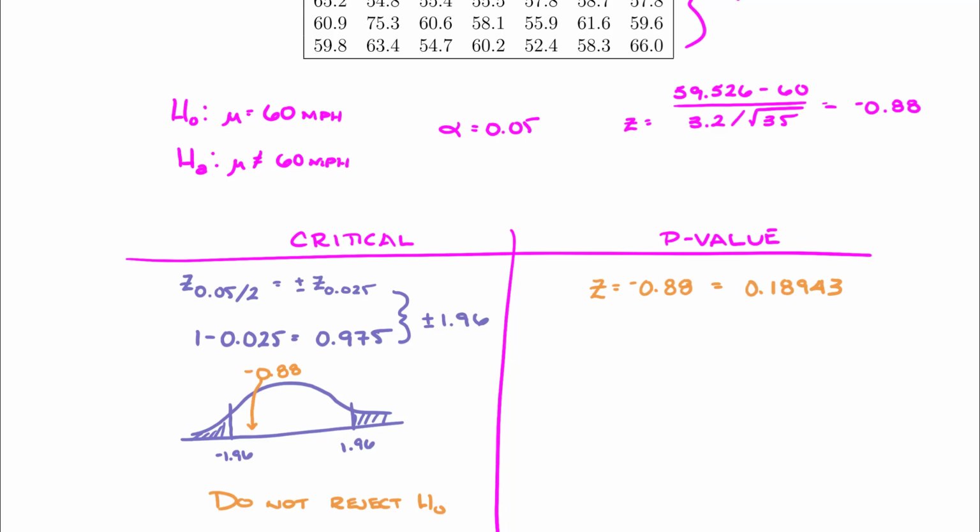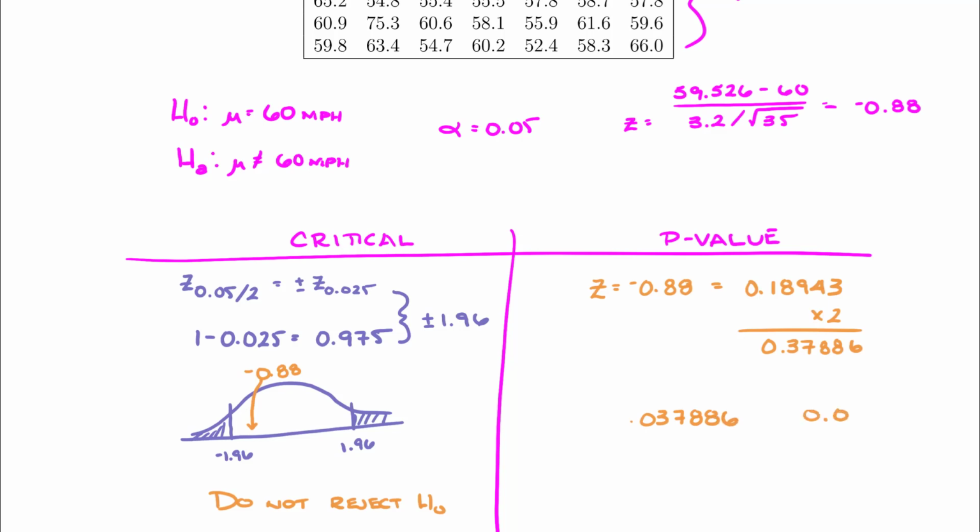And that's the area just to the left of negative 0.88, but we also have to consider the area that corresponds to the right. So for a two-tailed test, just remember you find the area and then you multiply it by 2. And when we do the multiplication, we are going to get 0.37886.